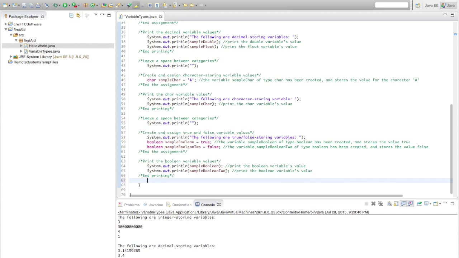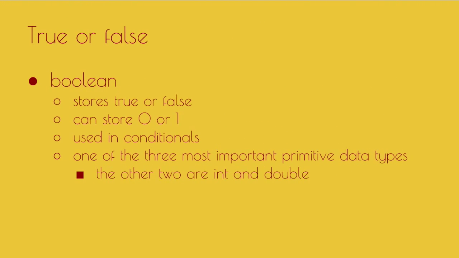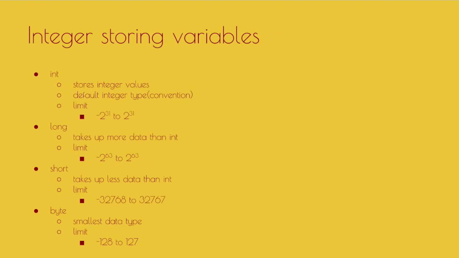So before we do that, I'd like to take a recap and go over everything that we've done so far. If we take it from the top, an int is an integer storing variable. It's generally considered the default. It's the Goldilocks of all of the integers, and this is the limit: this is the least it could be, this is the most it could be.